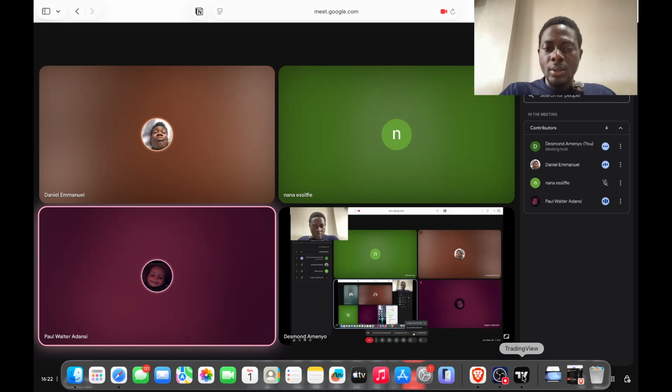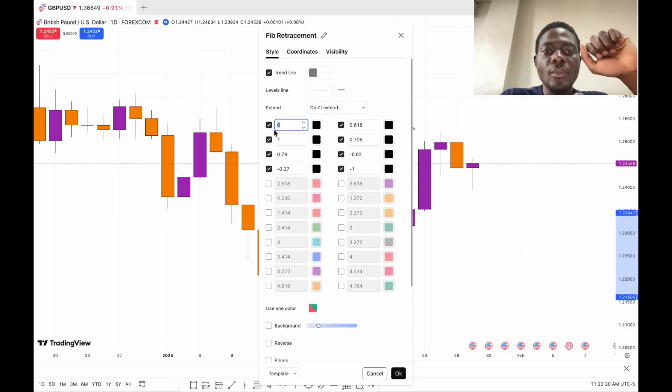So this is the Fibonacci chart, and I've sent the settings so you can copy it and apply it in your Fibonacci as well. So over here, in these settings, we use 0, 0.6181, 0.705, and then -1.